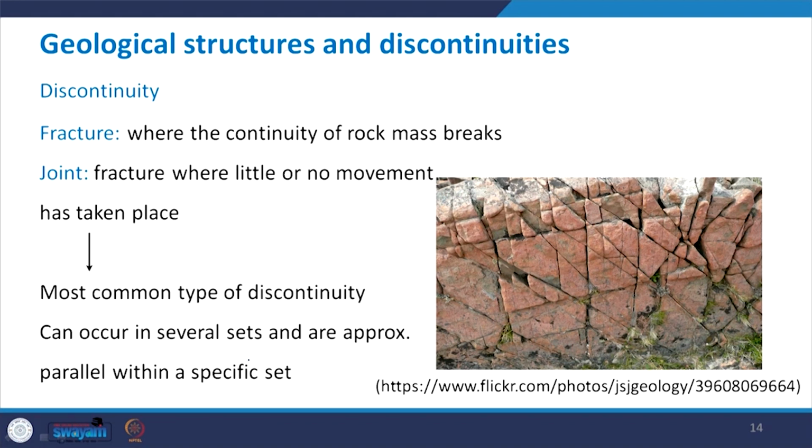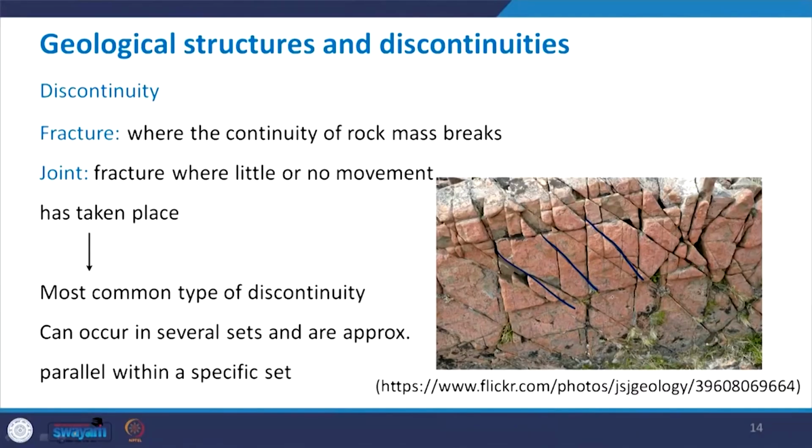So you can see here that these are the joint planes in this case. The most common type of discontinuity is the joint, and this can occur in several sets and are approximately parallel within a specific set.